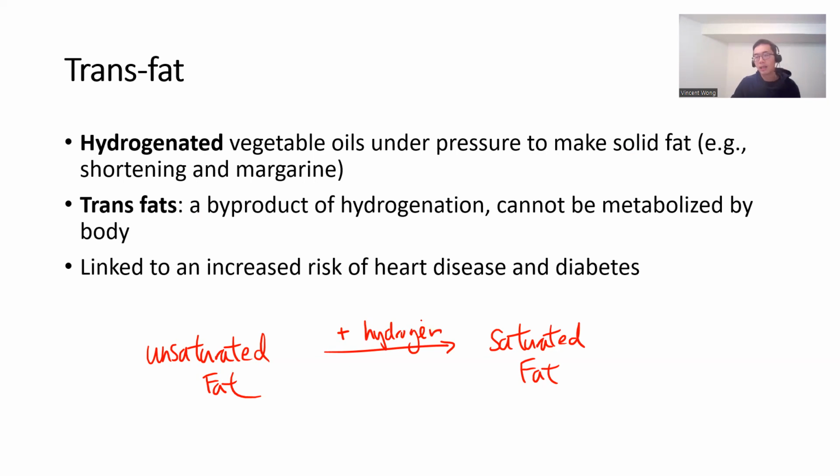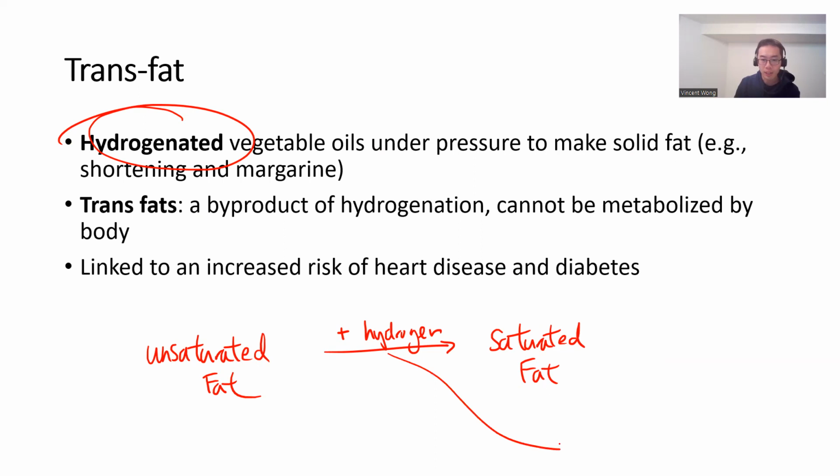Remember, it's unsaturated because it still has room for hydrogen. So by adding hydrogen in a process called hydrogenation, you create what's called hydrogenated vegetable oil. They were liquid to begin with, derived from plants, but then you add some hydrogen to it, and now they are spreadable. These are things like margarine and shortening.